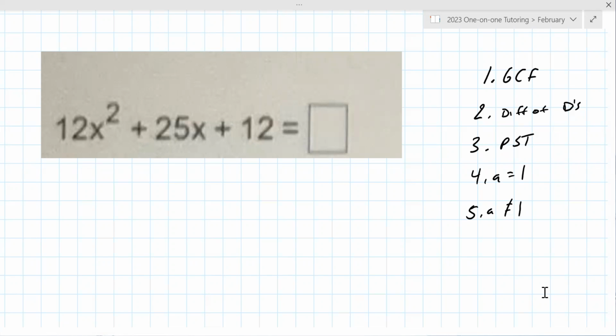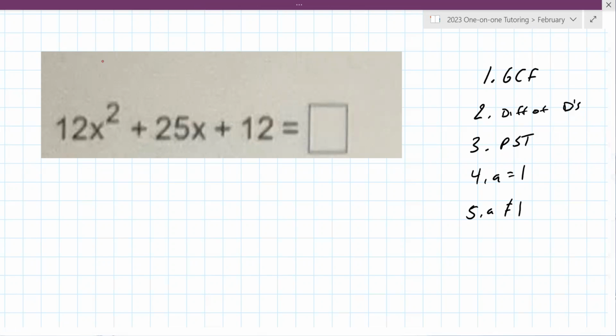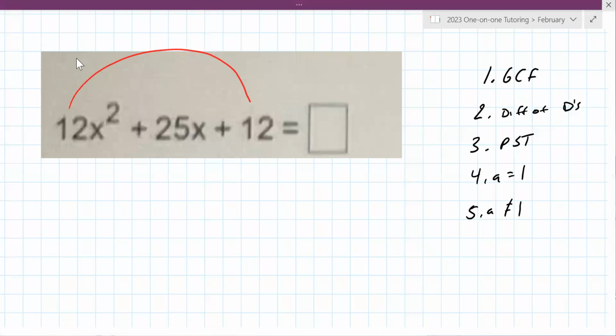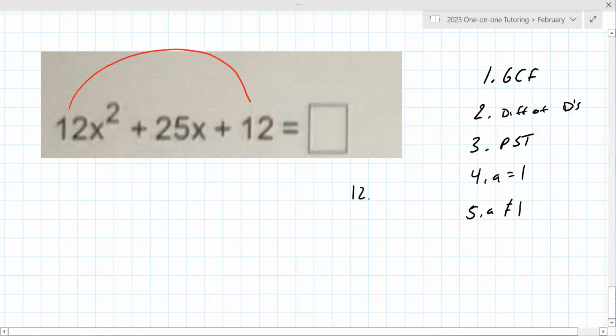I forgot. So you take the first times the last, first times the last. So that gets you 144. So now what you're hoping for is two numbers that multiply to 144, but add up to 25.